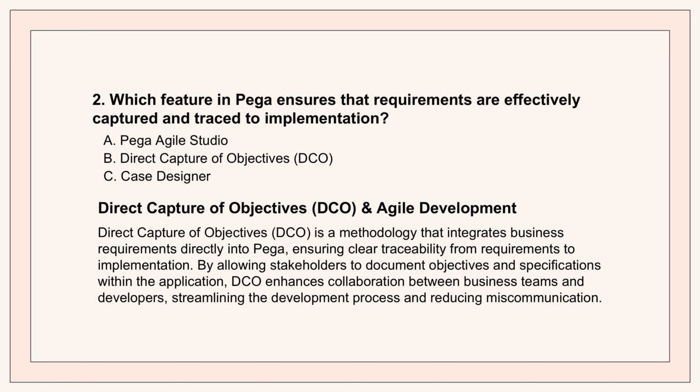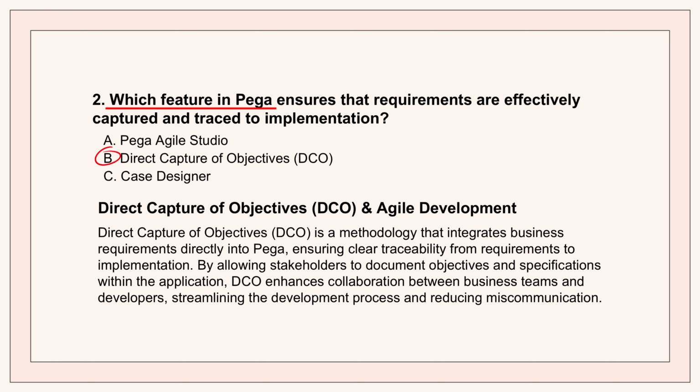Exactly. Okay, so question 2 throws us into the world of requirements. Oh, requirements. Always a fun one. It asks which Pega feature makes sure that what you actually need gets translated into what you build. Yeah, that's important. The options are A, Pega Agile Studio, B, Direct Capture of Objectives, or DCO, or C, Case Designer. Any ideas? This is where I think DCO really shines.